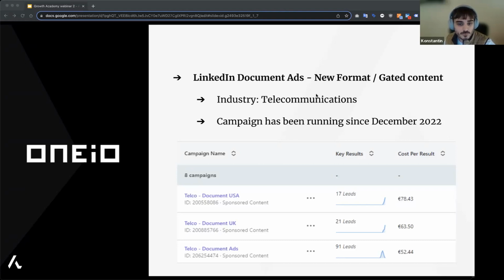And when a platform releases a new format, I would definitely recommend taking advantage of that, because the platform boosts it on their backend, as they would like to see success in that format. Every time I've tried anything new on a platform, it has always performed better, and it's less competitive. And over months, you can see more and more companies taking advantage of this.